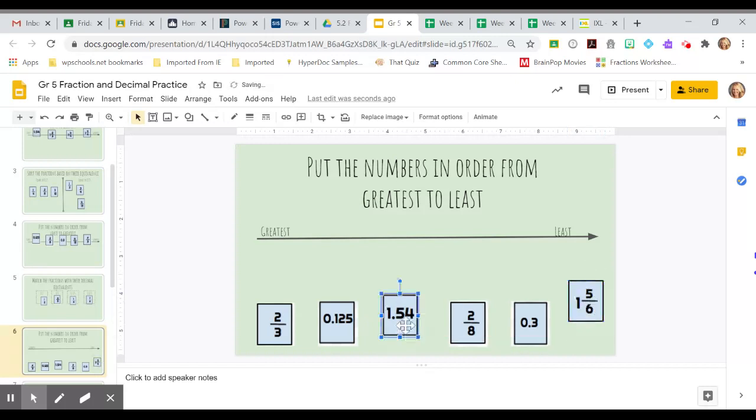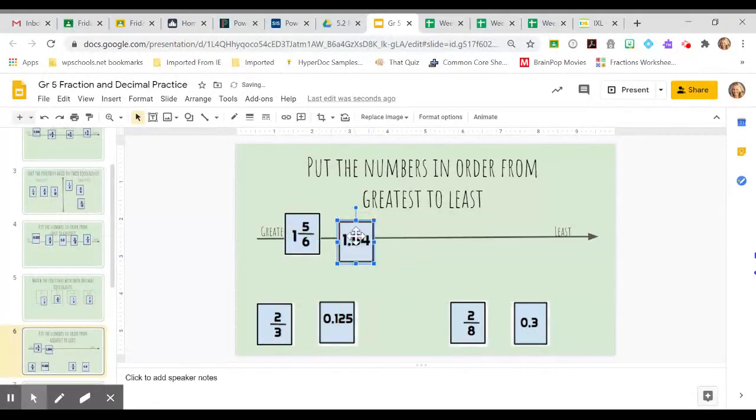So I have, this is close to 1.5, okay, or like $1.50, and 1 5/6 is close to what? 2 whole. Okay, so I know that this is quite a bit more than 1.5. 3/6 is exactly a half. So I know that this is going to be my biggest, followed by this one.